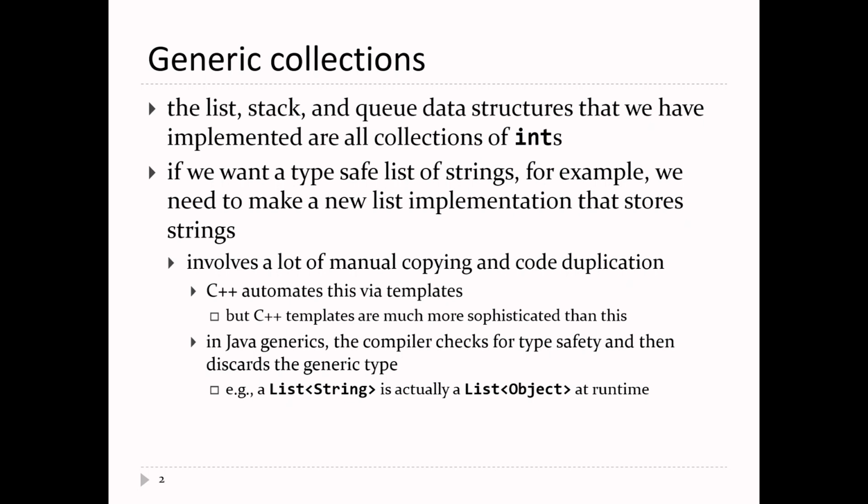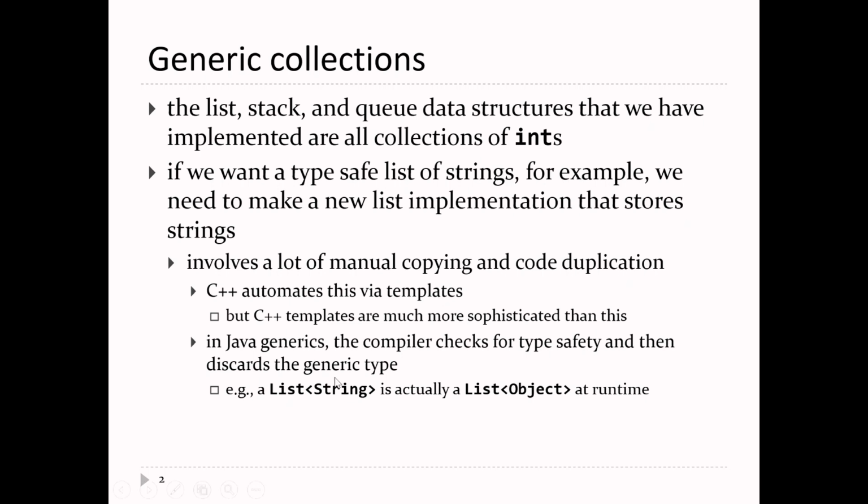What the compiler actually does when you make, for example, a stack of int using C++, is it takes your data structure and produces code explicitly for a stack of int. If you then make a stack of double, the compiler takes your code for your template and makes code specifically for a stack of double. So in other words, C++ automates this manual copying and code duplication in its template mechanism.